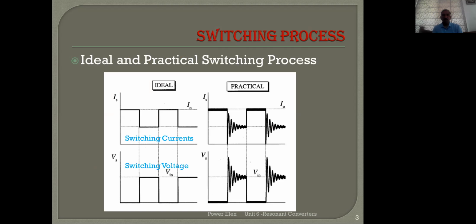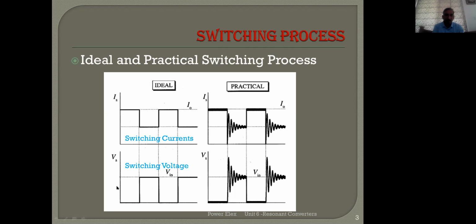So when we discuss any resonant converter, the first most important thing in this context is the switching process and switching condition. Ideally, we consider an on switch and an off switch, meaning either full current will flow or no current will flow. If this is the current waveform for on switch and off switch, again for on switch and off switch.